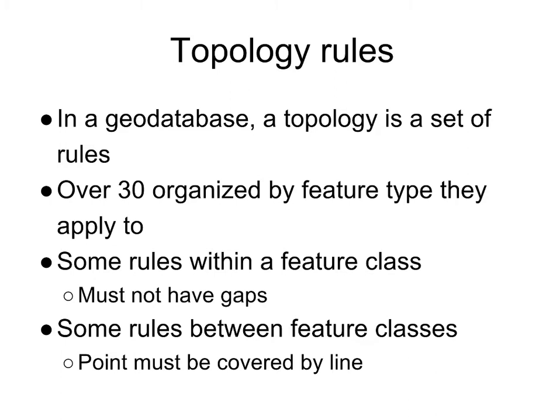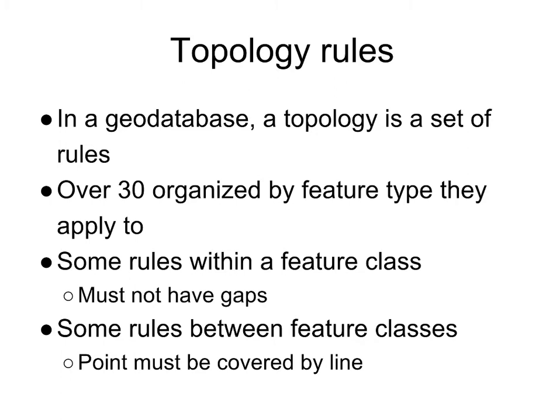If the data was not edited and built in a way that kept the errors out, this would be a way to show you all of the gaps in a polygon feature class. Another example of a single feature class rule would be polygons must not overlap. You could apply that same rule to a parcel feature class to determine where parcels in a parcel layer overlap. So it allows you to find errors in your data.